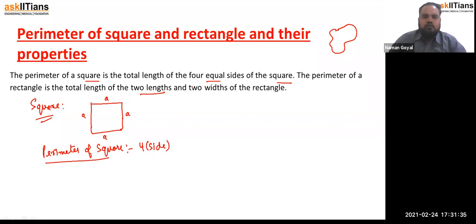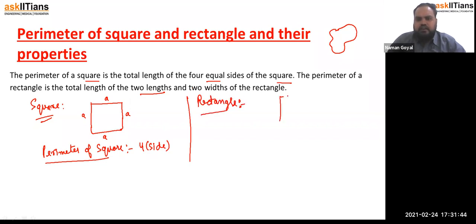Okay. Now, if I'm asking for a rectangle, we know that opposite sides of a rectangle are equal, right?